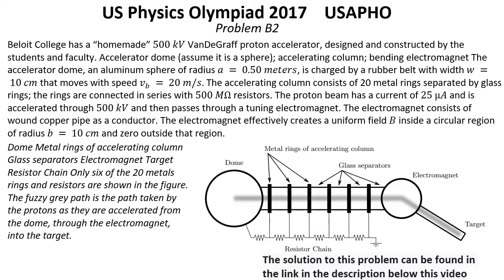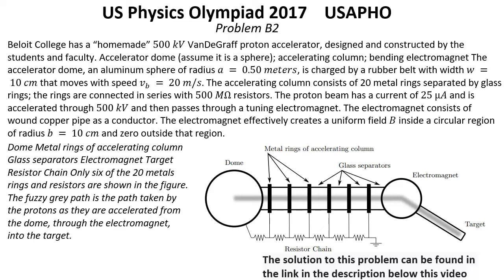The accelerating column consists of 20 metal rings separated by glass rings. The rings are connected in series with 500 megaohm resistors. The proton beam has a current of 25 microamperes and is accelerated through 500 kilovolts and then passes through a tuning electromagnet. The electromagnet consists of a wound copper pipe as a conductor.